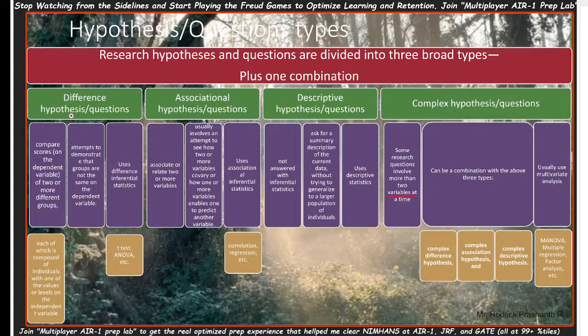You could have more dependent variables. So that is a difference hypothesis. In a difference hypothesis, you test the difference between experimental and control groups.